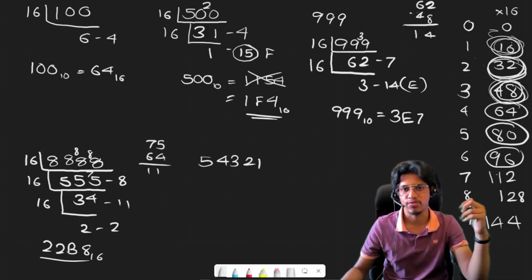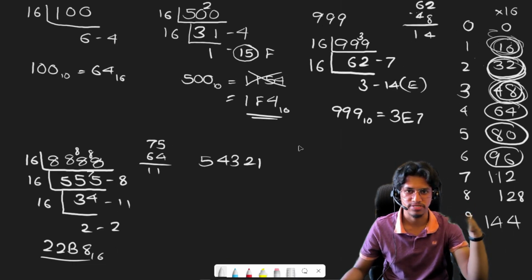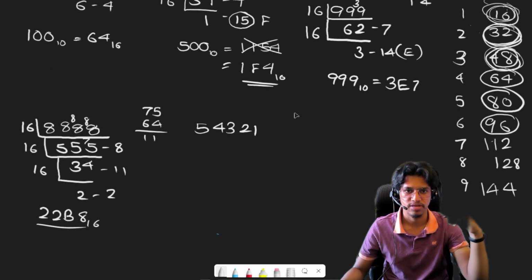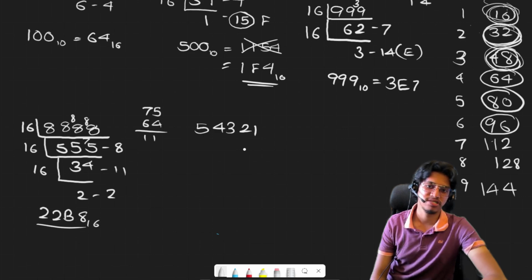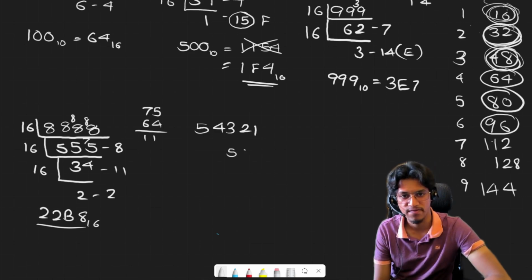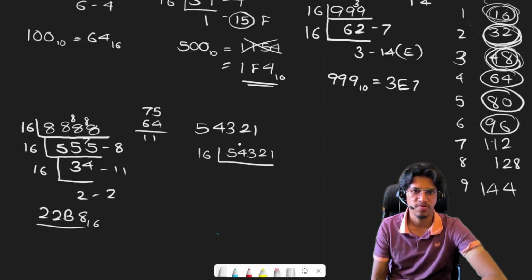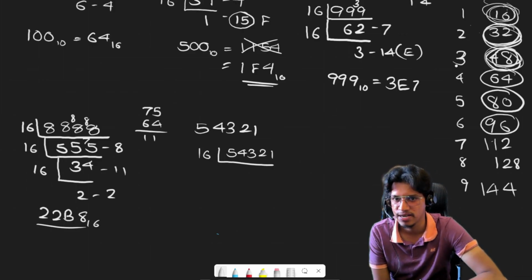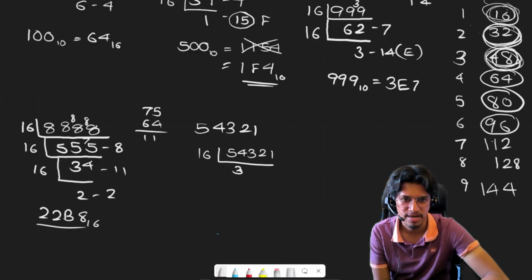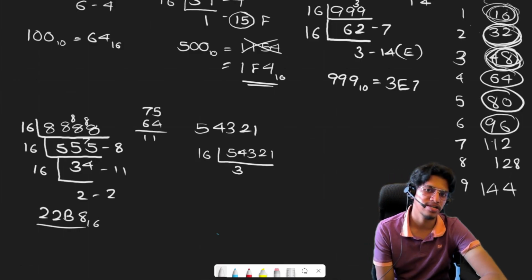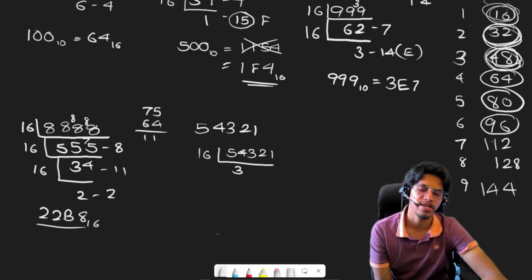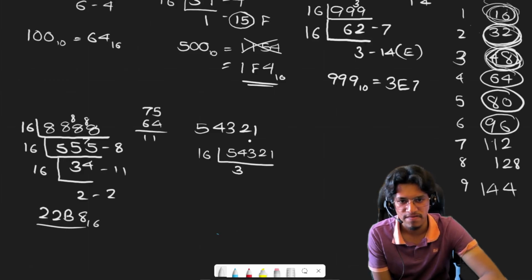And then let's have a look at the next one. 54,321. So for 54,321 we divide this by 16. So for 54 we get 3, right? 48. 54 minus 48 is 6.